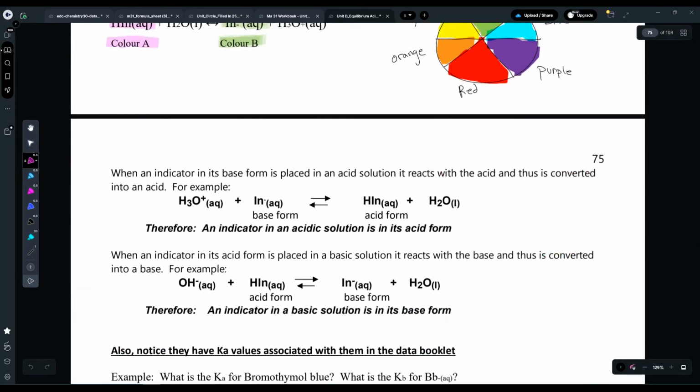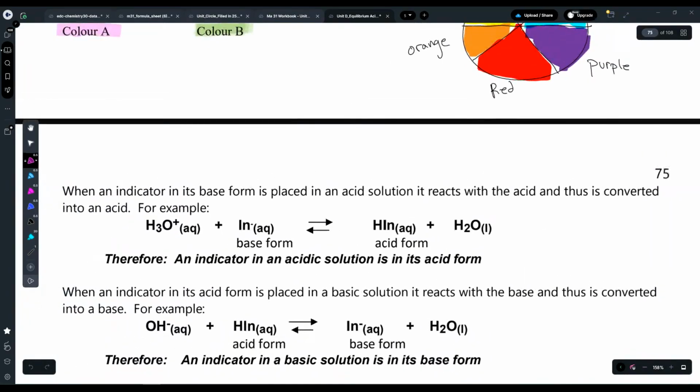That's what this part is saying here. But keep in mind, when we say an acidic solution, sometimes for some indicators, it's not going to be a pH below 7. We're meaning a more acidic solution.